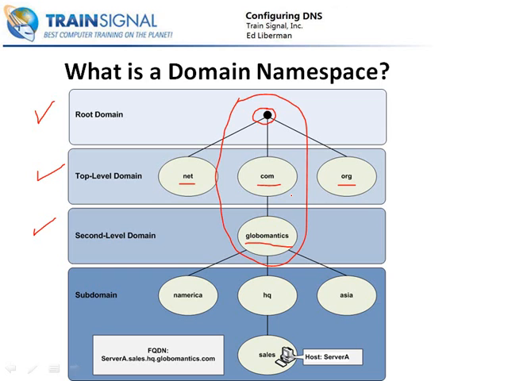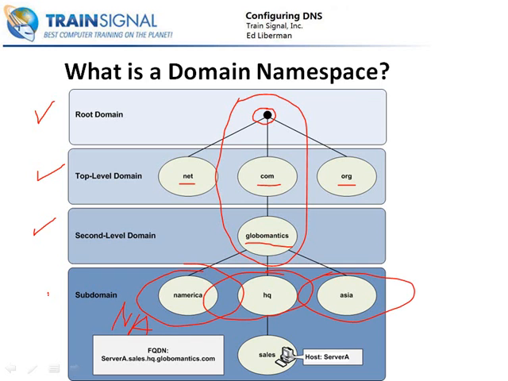domain. But if we move down further from there, you may remember that Global Mantics is a worldwide organization that has some subdomains built into it. We have our North America, or what we simply called NA. That would be the official name of what we called it, na.globalmantics.com. We've got headquarters, and we've got Asia.